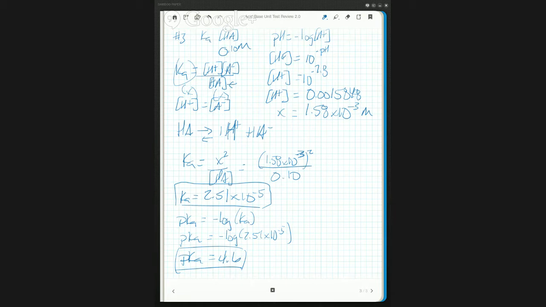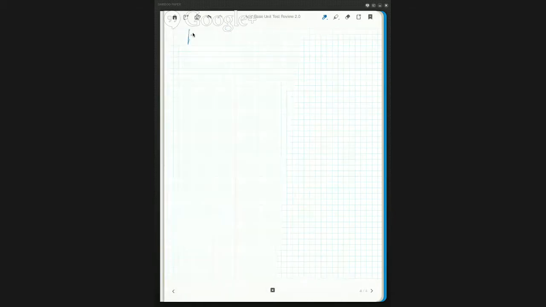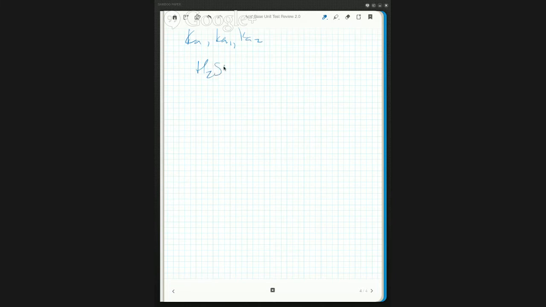Your next question, though, is how do Ka, Ka1, and Ka2 relate? Well, Ka1 and Ka are the same thing. Let's do an acid. Let's do H3PO4, that's a moderate acid.